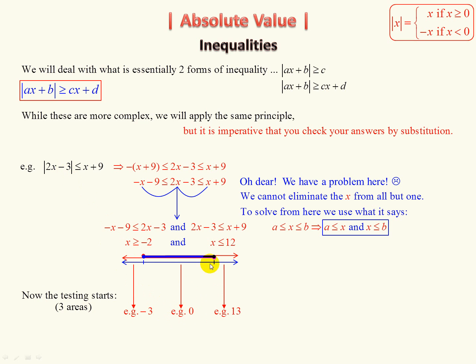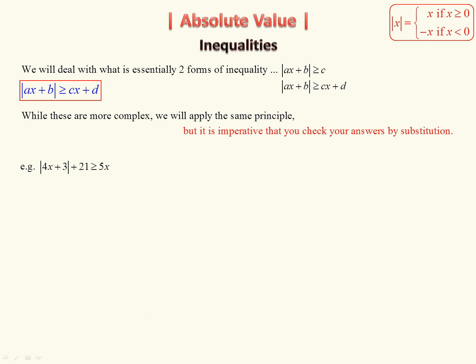I'm going to test 0, which is definitely between them. I'll always use 0 if I can. And 13 I'm going to test in that original inequality. Does not work, does work, does not work. Yes, so we are in the right region. Those are excluded by checking as well. So there's our answer.